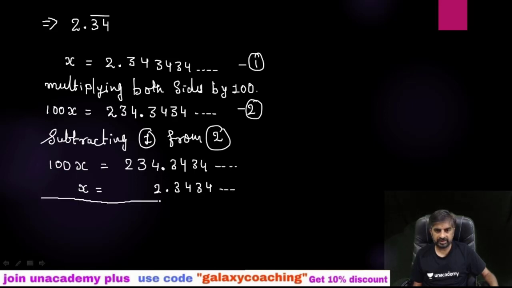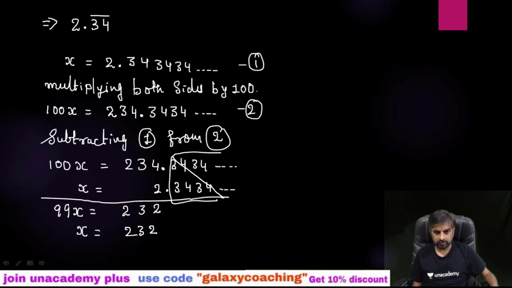Now if you subtract this, you will get 99x, 100x minus 1x, and this all will get cancelled. And here 234 minus 2 is 232. So your value of x will be 232 by 99. So now can you cancel this? Oh no, we cannot cancel this. I think it is not divisible by 2 here. Okay, so this is the final answer, guys.